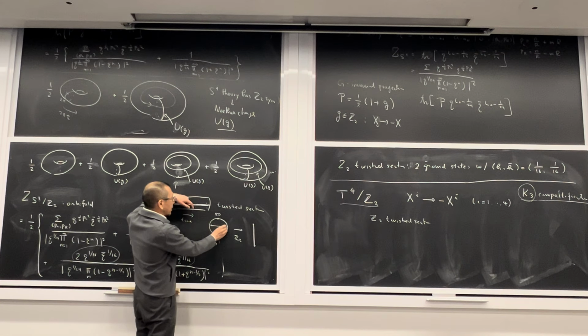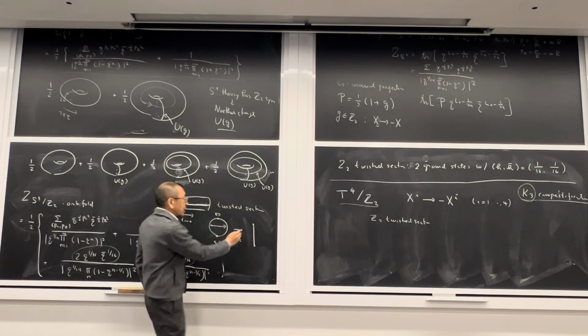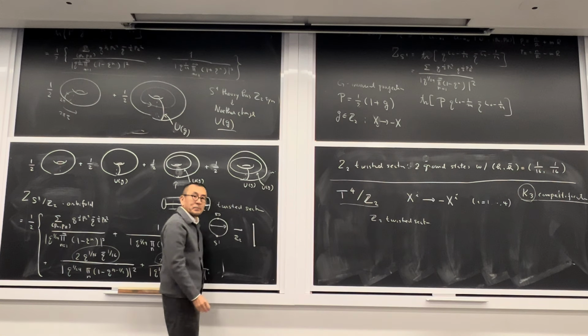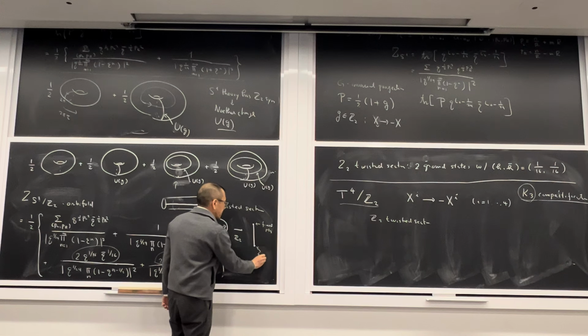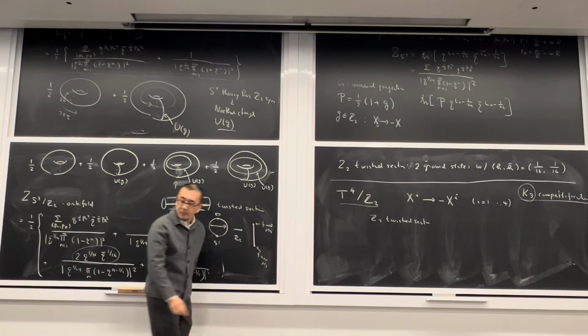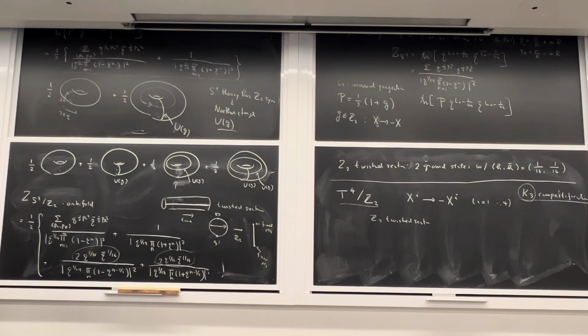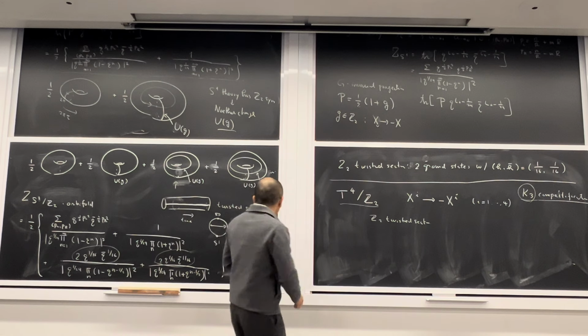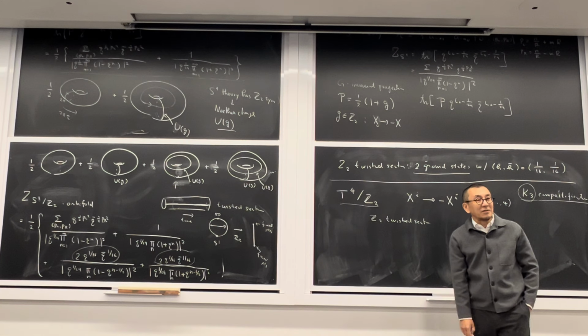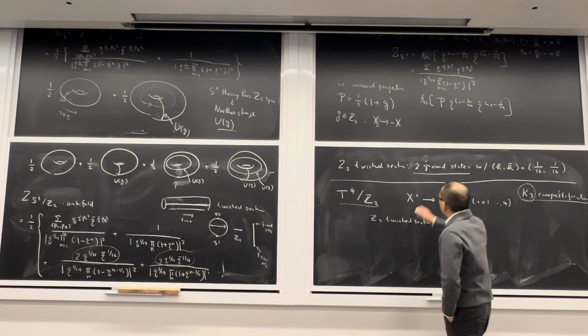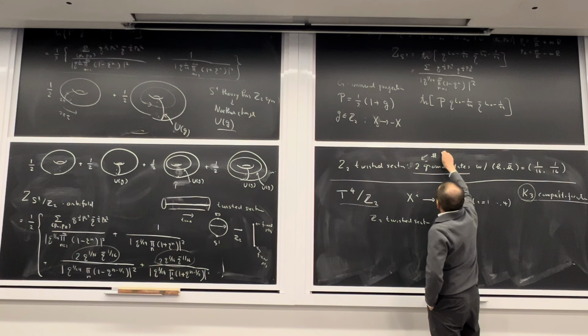All other points are identified pairwise like that. So there is something special about these endpoints. These are called fixed points. And there are two fixed points here, and that is actually related to the fact that there are two ground states in the twisted sector. So namely, for each fixed point, this is related to the number of fixed points.